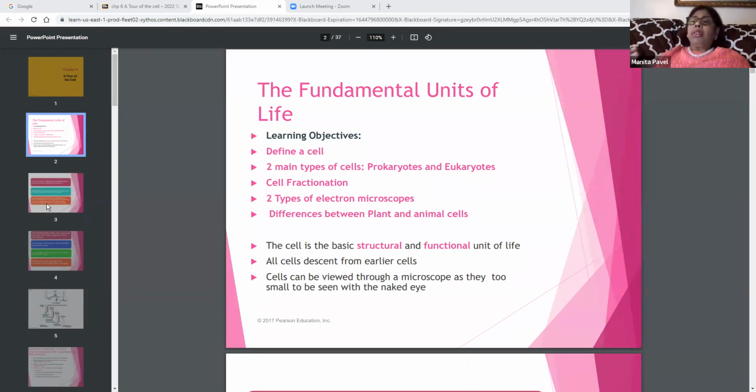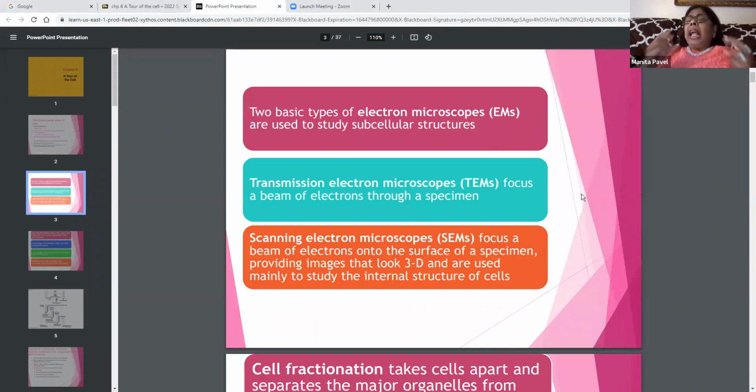And electron microscopes are of two types: scanning electron microscopes and transmission electron microscopes. So we see what is the difference between a transmission electron microscope called TEM or scanning electron microscope called SEM.